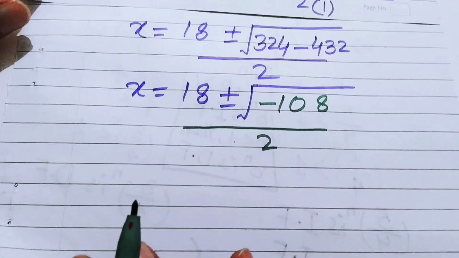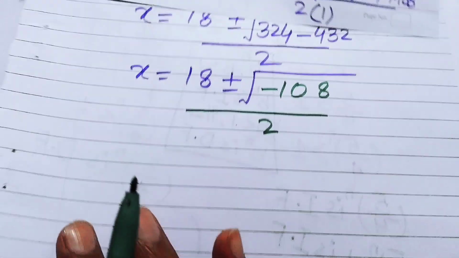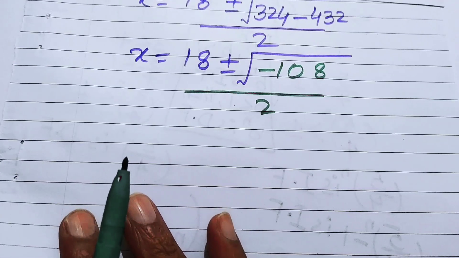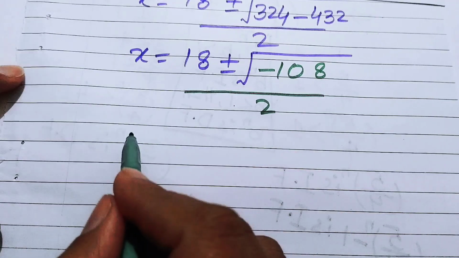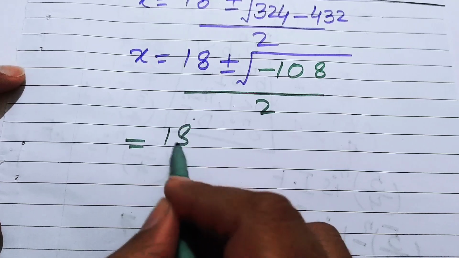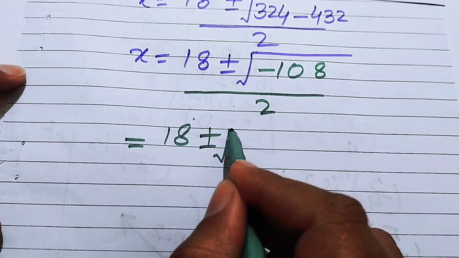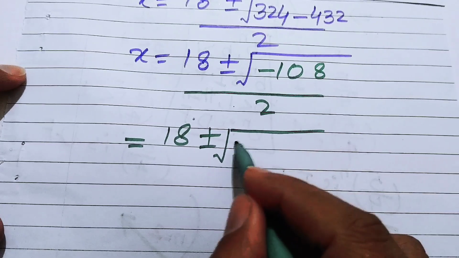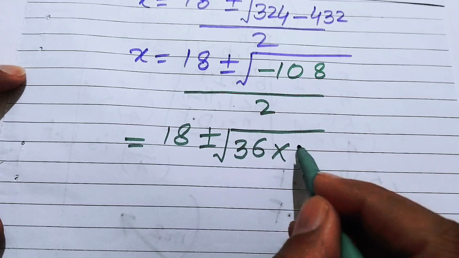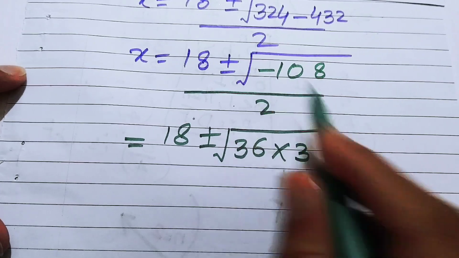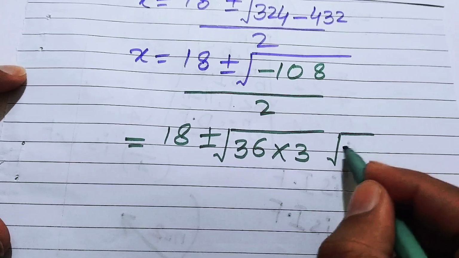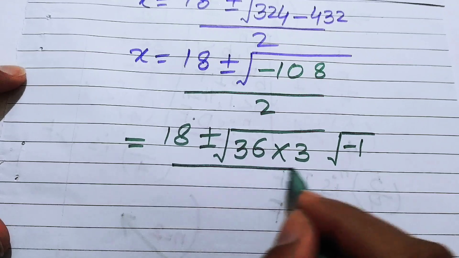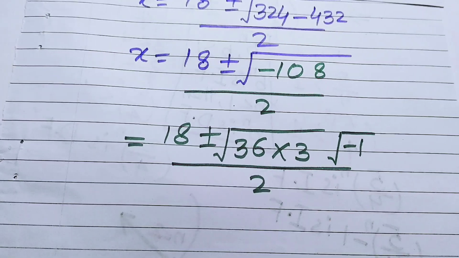In the next step we simplify this expression, and we write this minus 108 in the form of 18 plus minus square root of, here we write 108 as 36 times 3, and we separate the square root of minus 1, and this whole term is divided by 2.